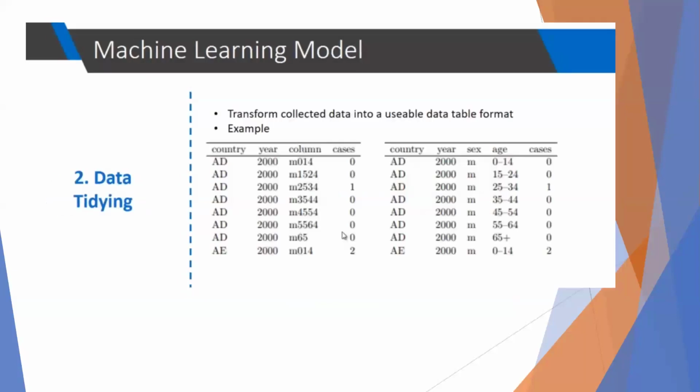After that, we have to check the availability of the data. I'm giving you an example. If you have a small data set, then it might be possible that even the best machine learning algorithms will not give you the desired accuracy, because data is important here.